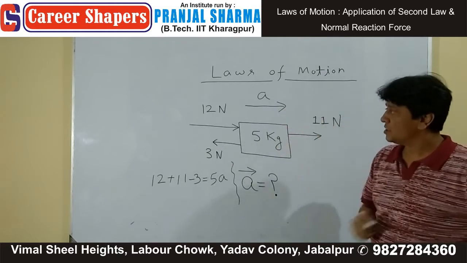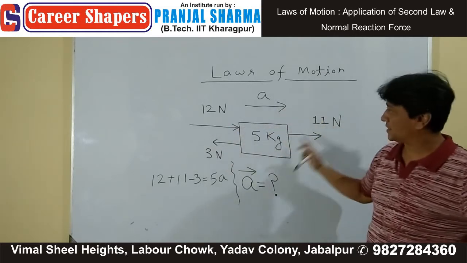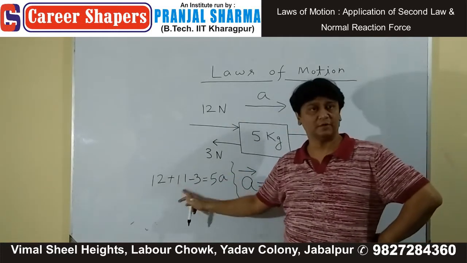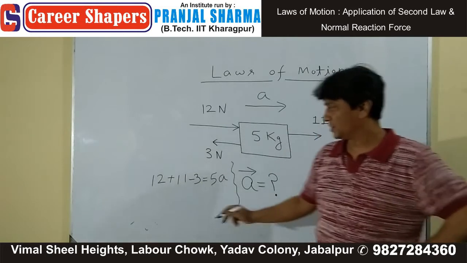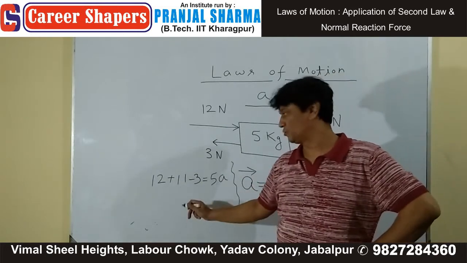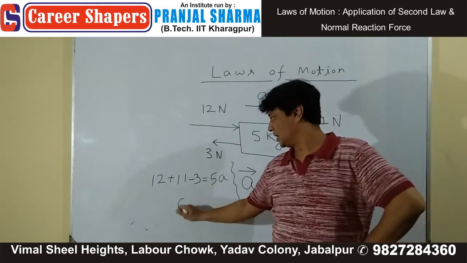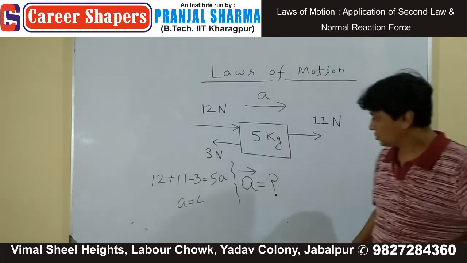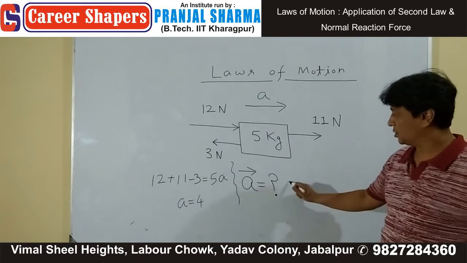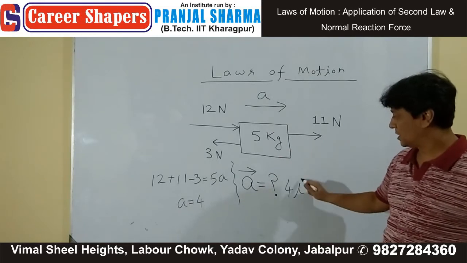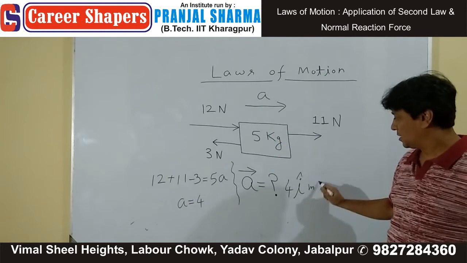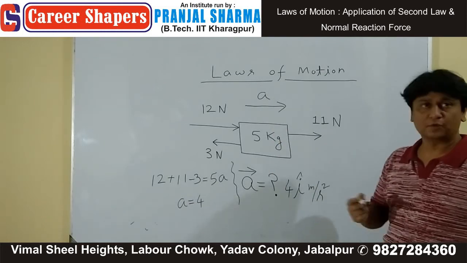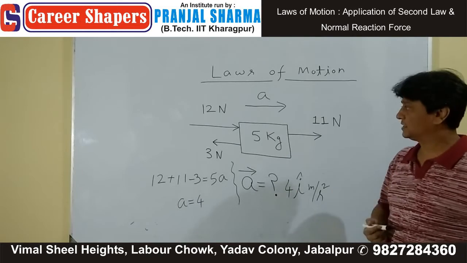So, the forces which are acting in the same direction, 12 plus 11, they are being opposed by 3. This gives us 23 minus 3, 20 divided by 5, and your A is coming 4. So, in terms of vector, your answer is what? 4 I cap meters per second square, or 4 east.